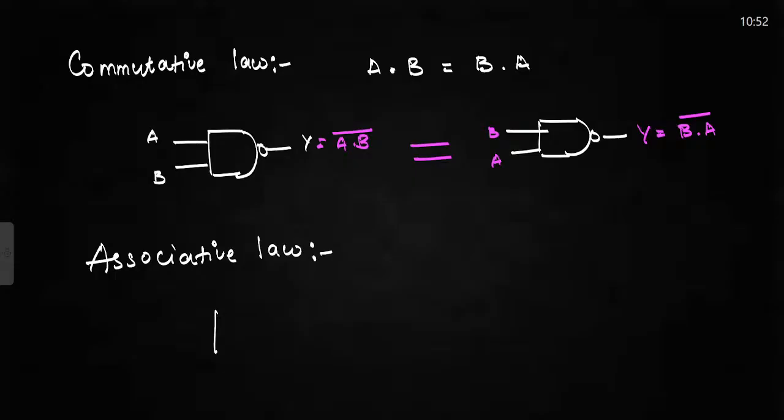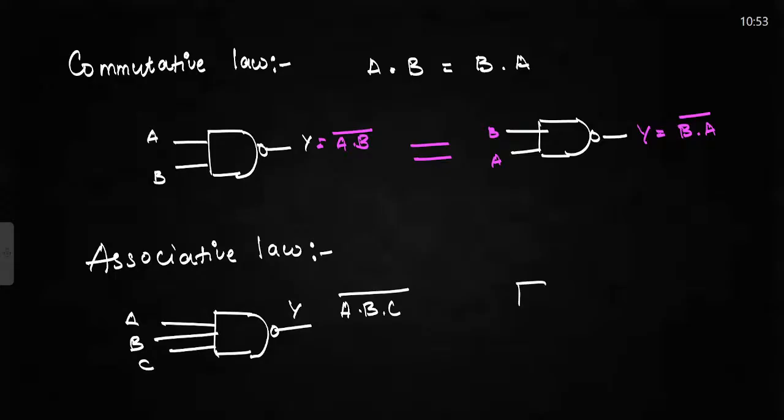Let us take three inputs for the associative law: A, B, C. Here that means it is equal to (A and B and C) bar. In order to verify the associative law, first I need to do AND and then, sorry.